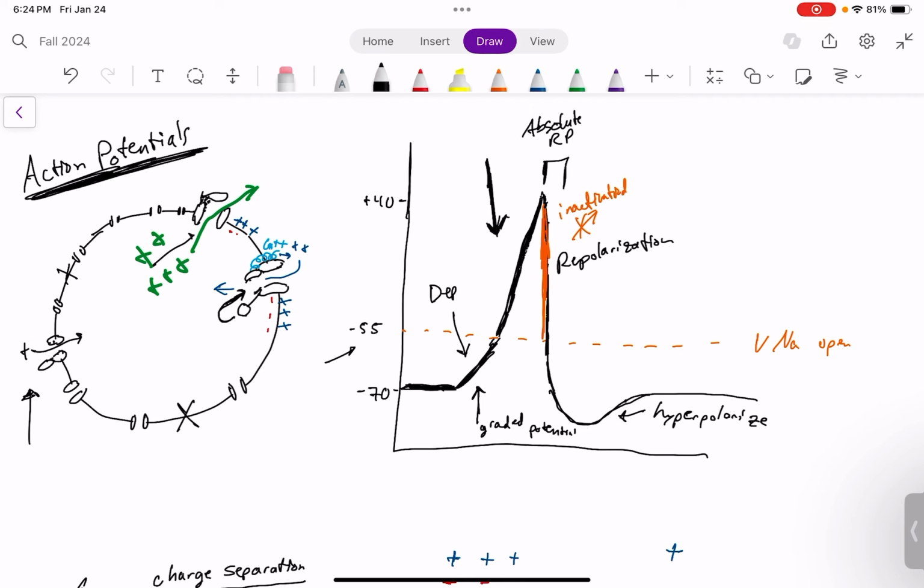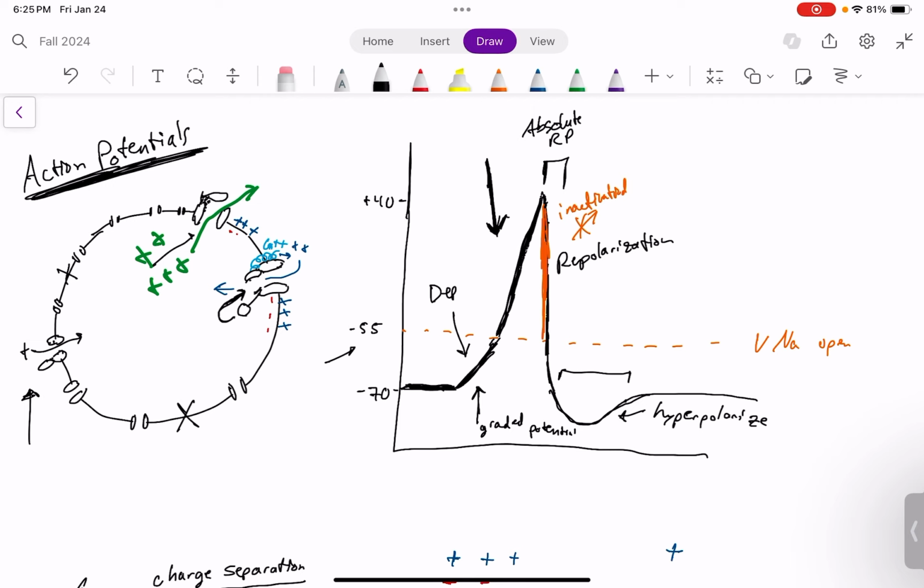Now, from here to here, it's also a lot harder to make an action potential. But the reason why is because potassium is still rushing out of the cell. And so the membrane's hyperpolarizing, right? But the sodium channels are not inactivated anymore.